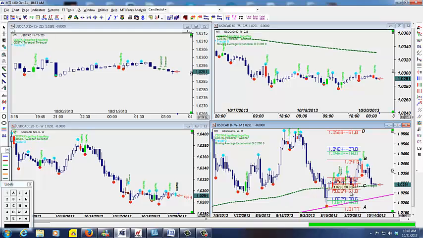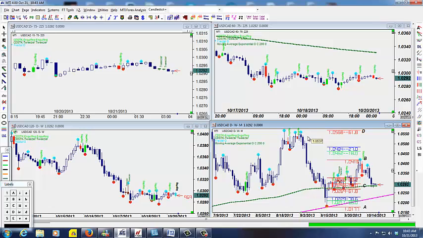So we're just going to add that so we have an idea where the 200 is on the daily. And look at this. There's the 200 exponential moving average, and look at this. 1, 2, 3 days it could not break through the 200 daily moving average. So it's good to have on your charts.